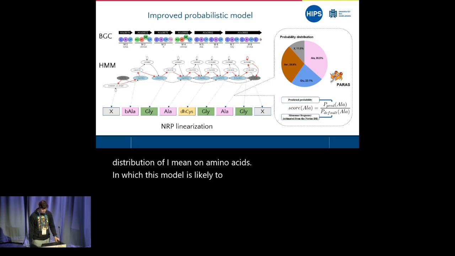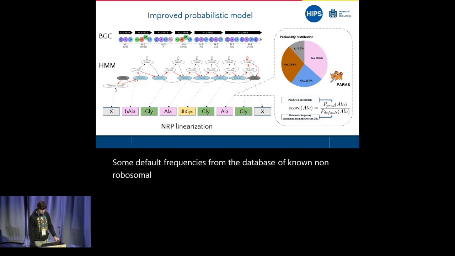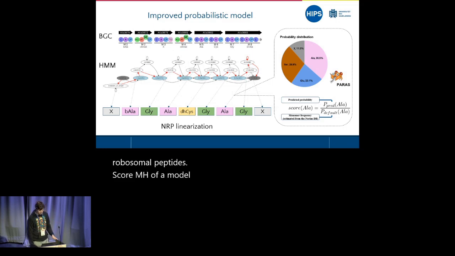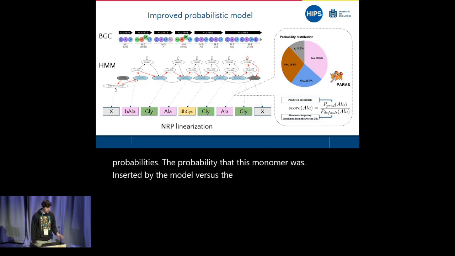And we also computed default frequencies from the database of known nonribosomal peptides. And to score a match of a module with a monomer, we compare these two probabilities: the probability that this monomer was inserted by the module versus the probability that it just occurred at that position by random chance.